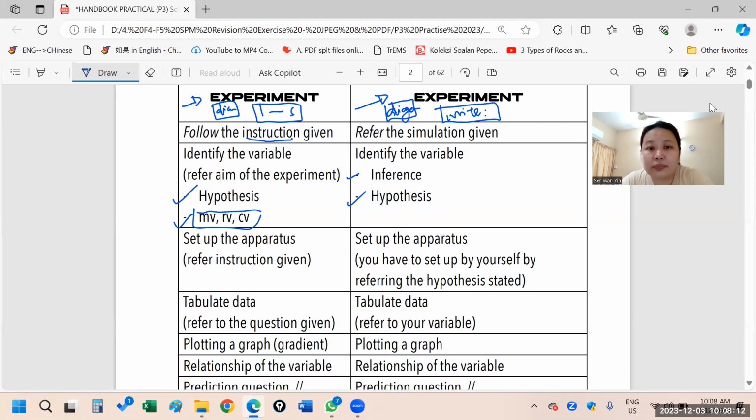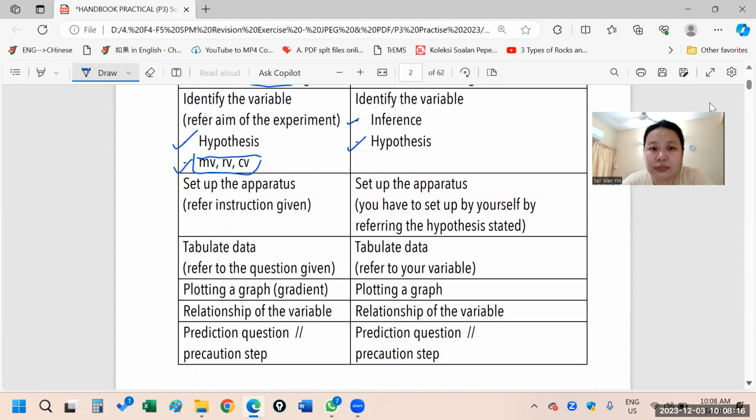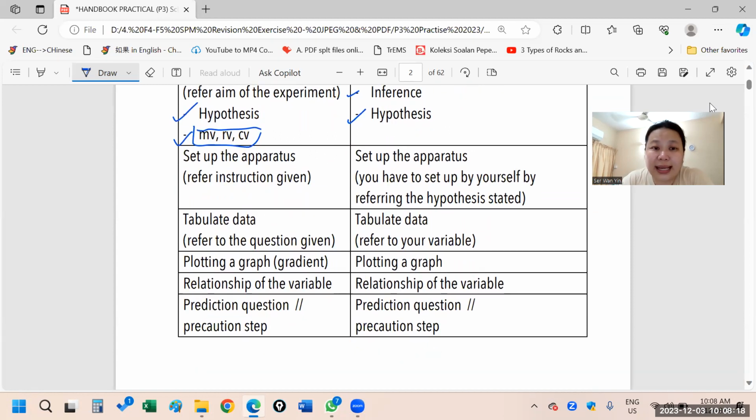Just write down the inference and hypothesis. So for guided, set up the apparatus. You just follow instruction. But for unguided, you have to set up by yourself by referring to the hypothesis stated. Means you need to write your procedure. Very good, Erin. Thank you.